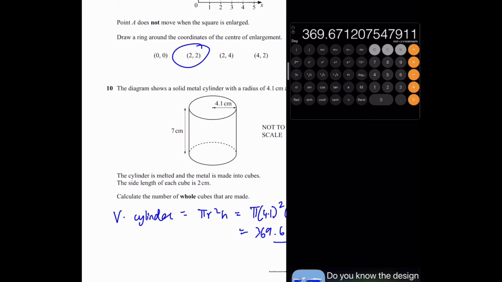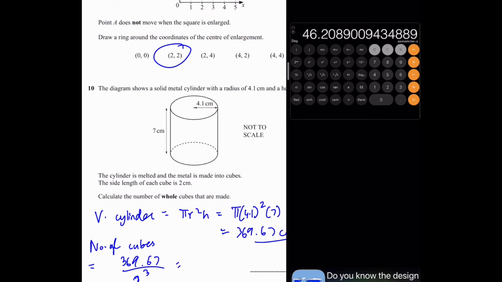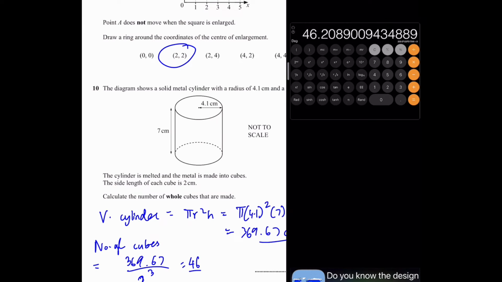Now the number of whole cubes is going to be equal to 369.67 divided by the volume of 1 cube. And the volume of 1 cube is side length cubed, or 2 cubed. And when we take 2 cubed, that's 8. So dividing this by 8, we get 46 cubes to the nearest whole number.